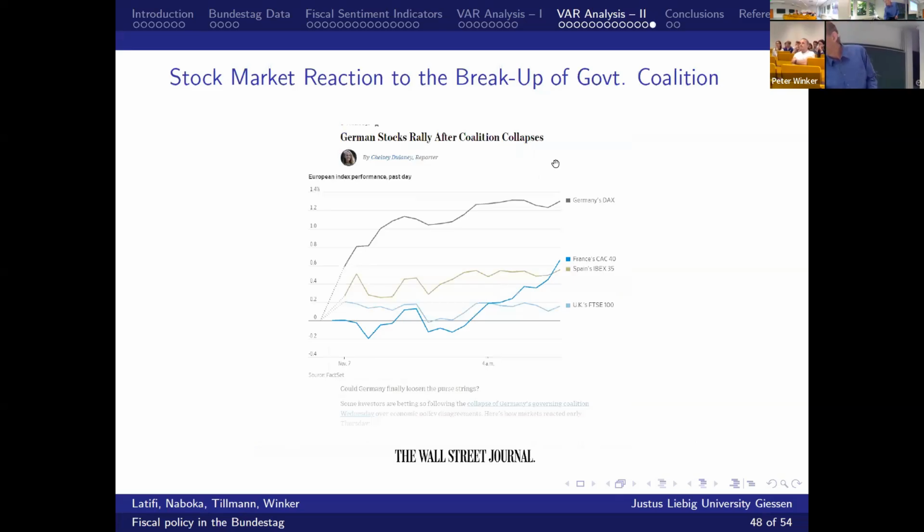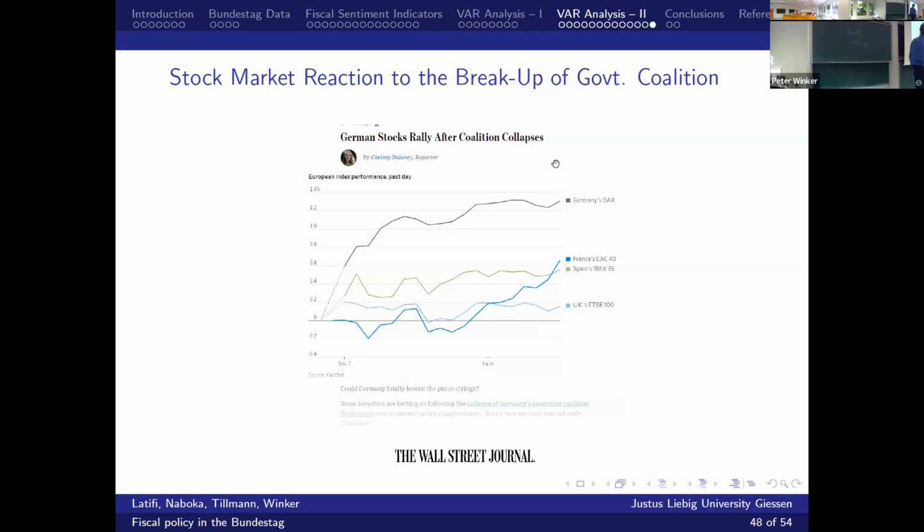That's a slide which was very up to date when I first put it in. This was just after the collapse of the Ampel government, and this is, I think, our uncertainty index.